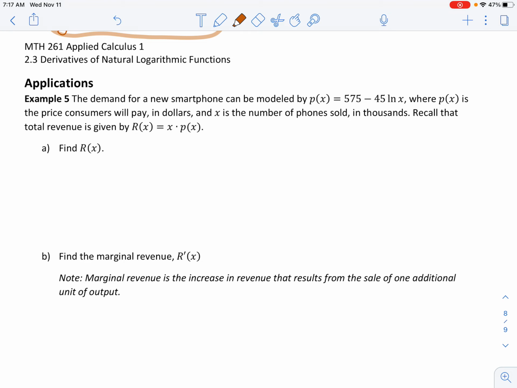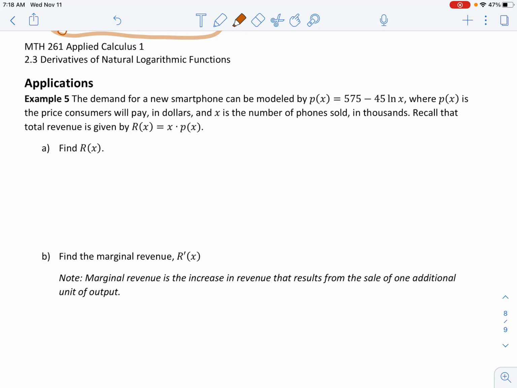All right, example 5. The demand for a new smartphone can be modeled by P of x equals 575 minus 45 natural log of x, where P of x is the price consumers will pay in dollars, and x is the number of phones sold in thousands.